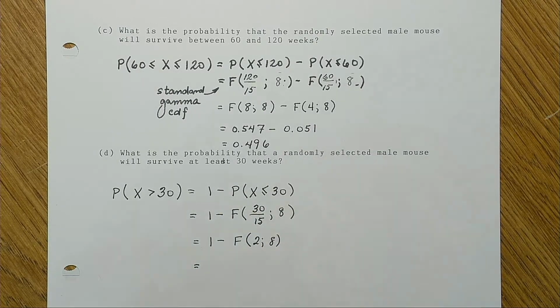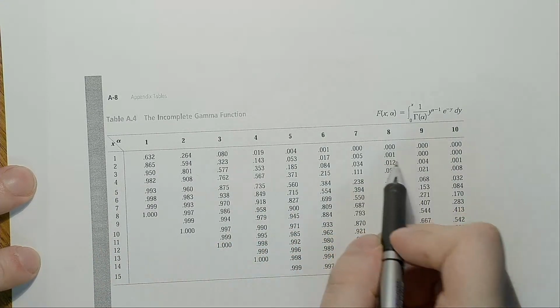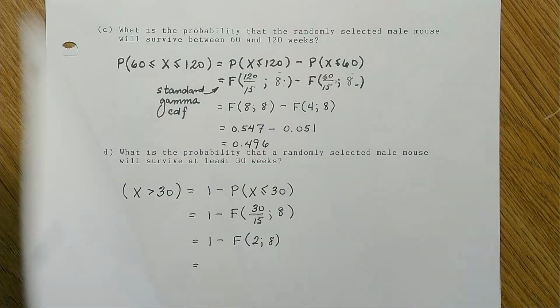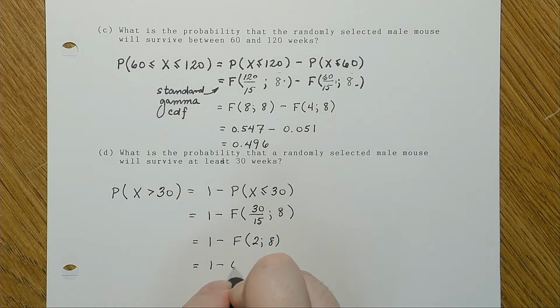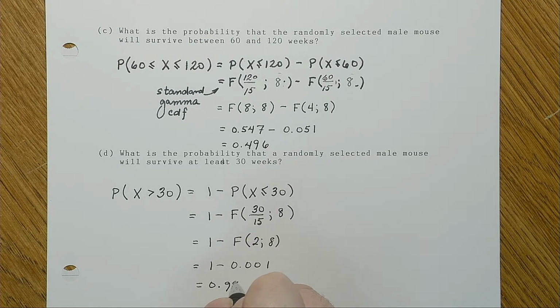Let me grab the table again. I look at 2 and 8, and it's 0.001, which means that the probability is 0.999.